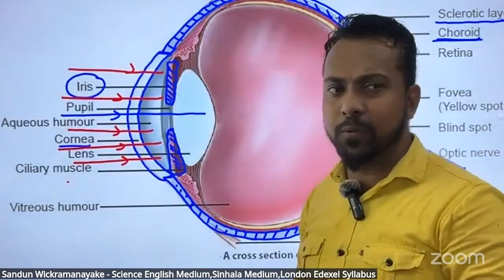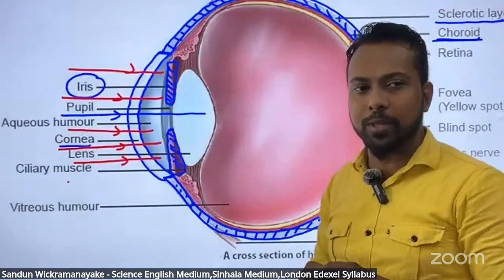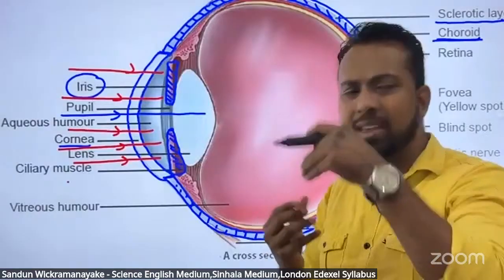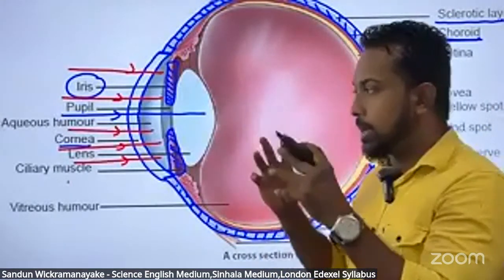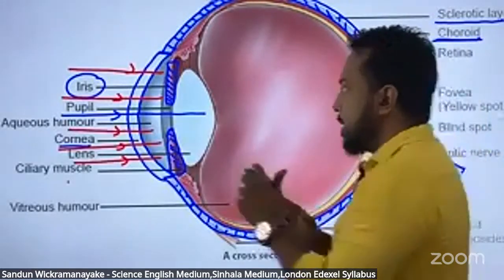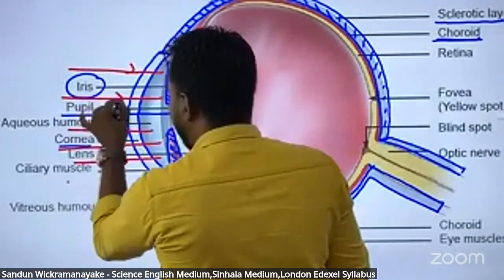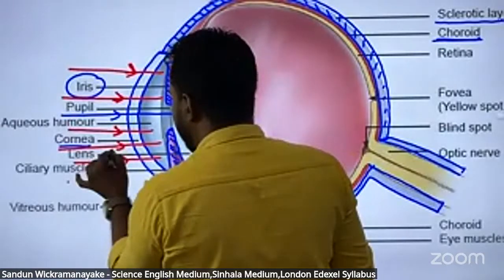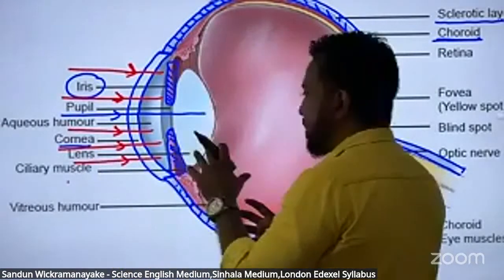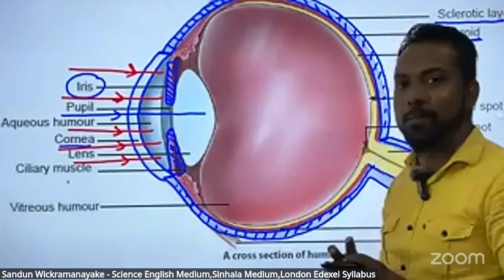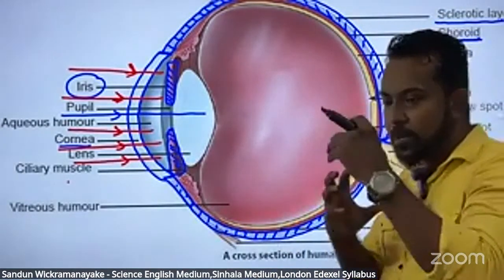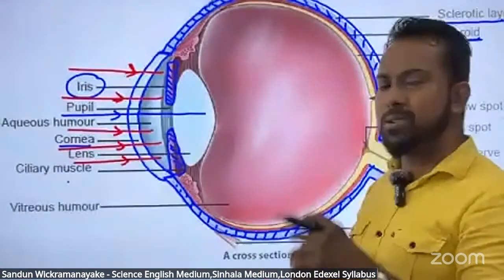What is the reason for that, sir? What is the reason for that? What the hell? Control it? Because an increased amount of light rays will harm your eyeball. So we need to control it. So how can we control it?